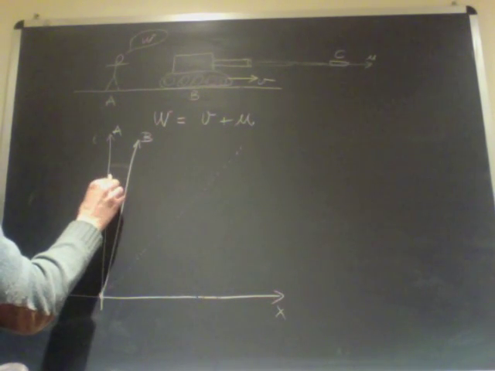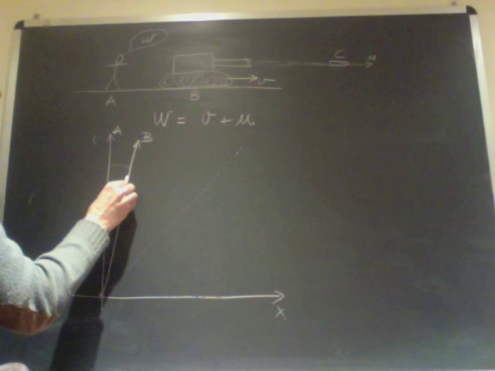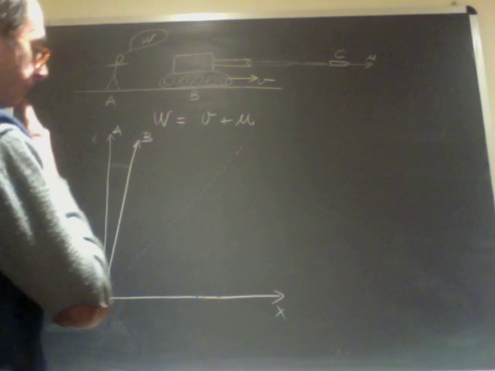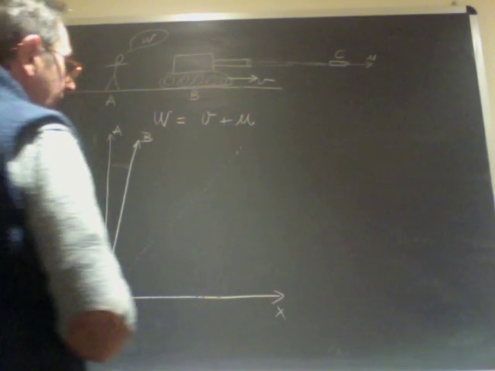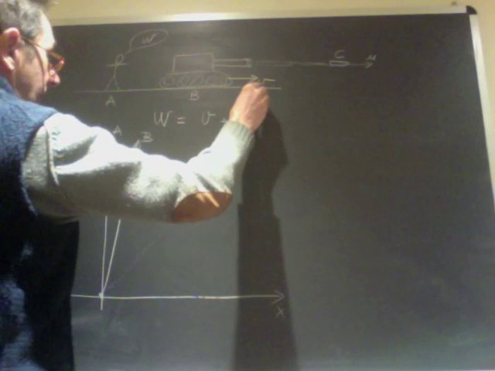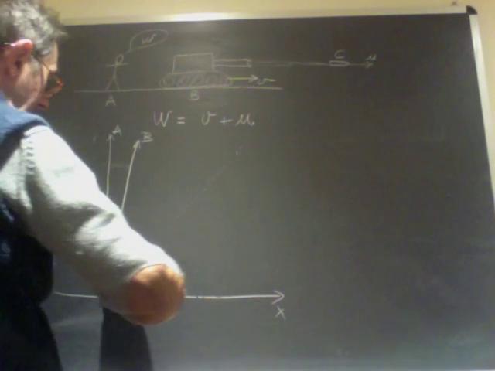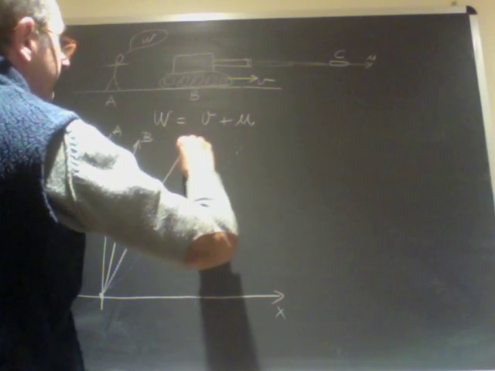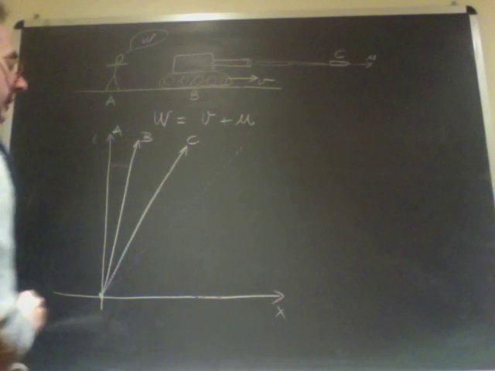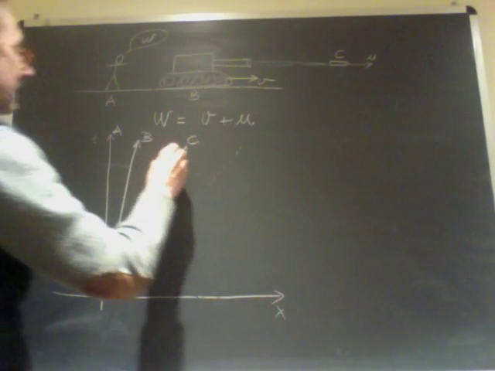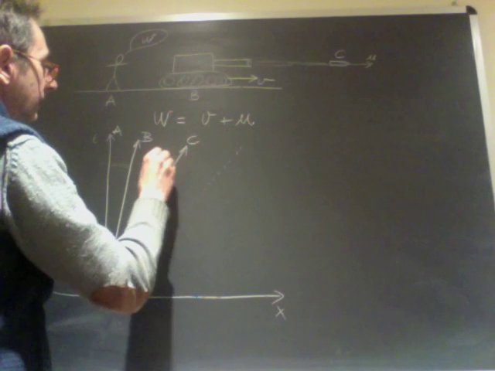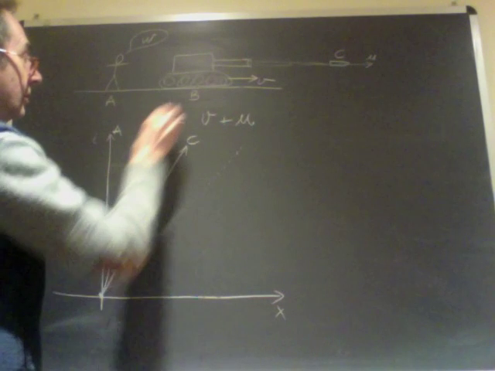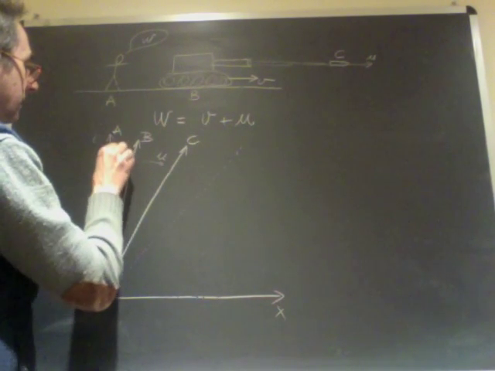This angle here, I mean the slope of this straight line, is correlated to the velocity of the tank. What happens then? That the speed of the bullet is this one, so that u is the velocity of the bullet relative to the tank, and this is v.